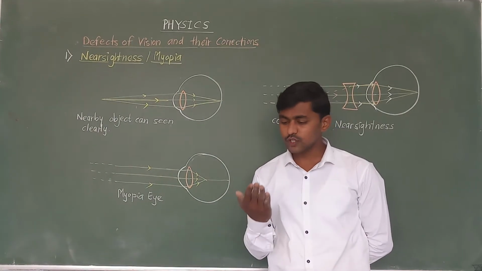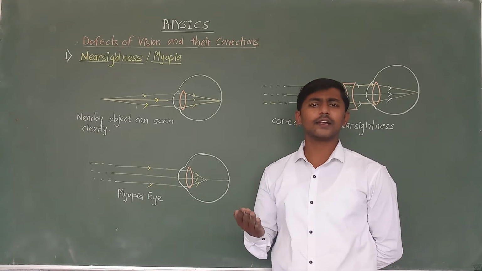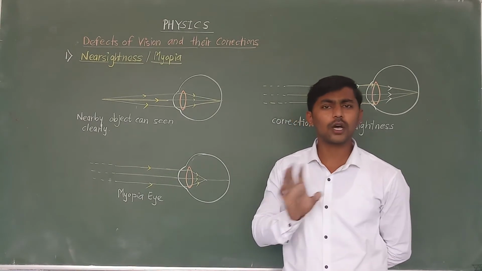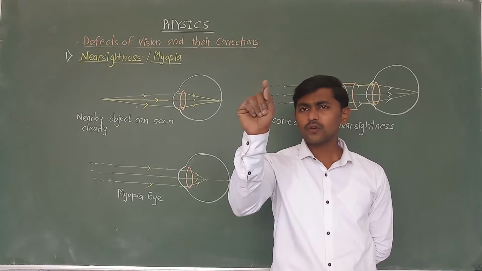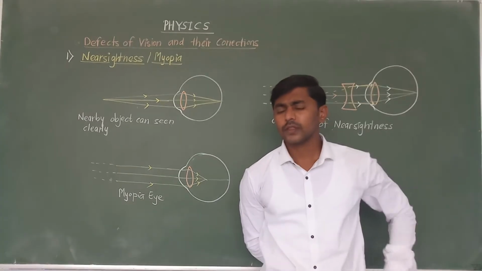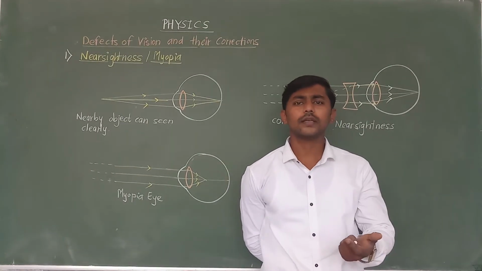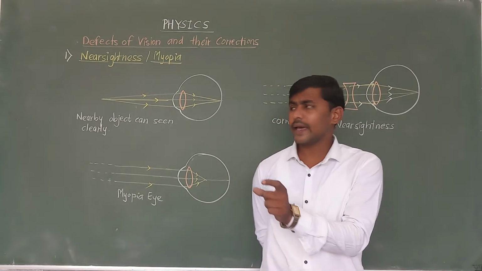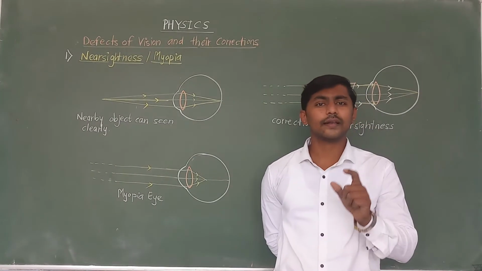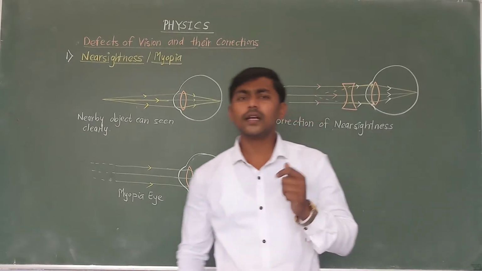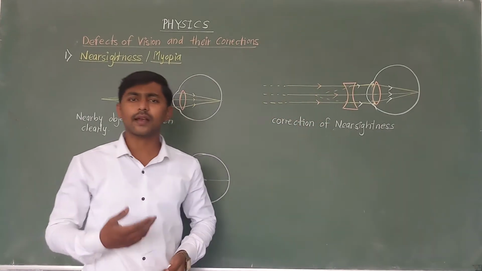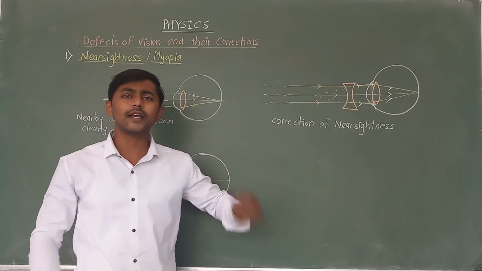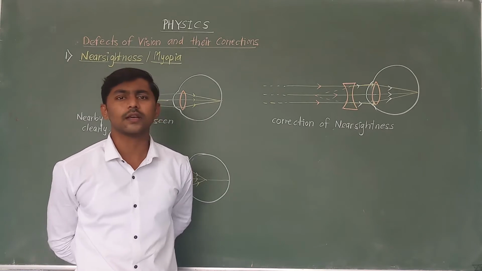Suppose we have to read a textbook, then we can read the textbook clearly without specs, no doubt. But if we have to see the far object, then we cannot see it clearly. That defect is called nearsightedness. Means nearer objects can be seen clearly while distant objects cannot be seen clearly.